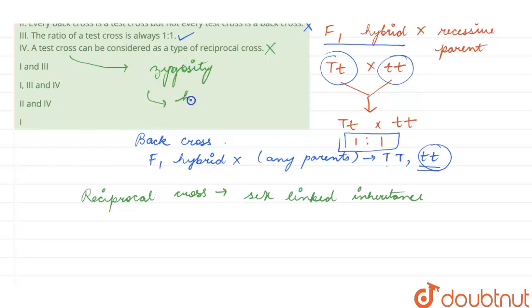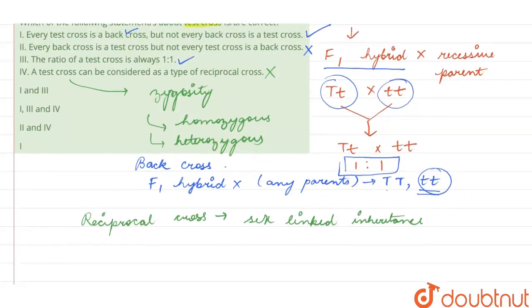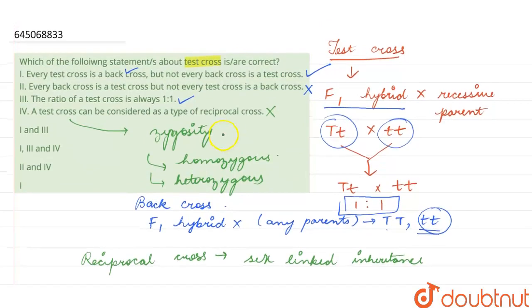Zygosity meaning it can be either homozygous, that is to identify the genotype, or it can be heterozygous. So the test cross is done to identify the zygosity of the progeny, whereas the reciprocal cross is done to identify sex-linked inheritance. So this statement is incorrect. A test cross cannot be considered as a type of reciprocal cross.